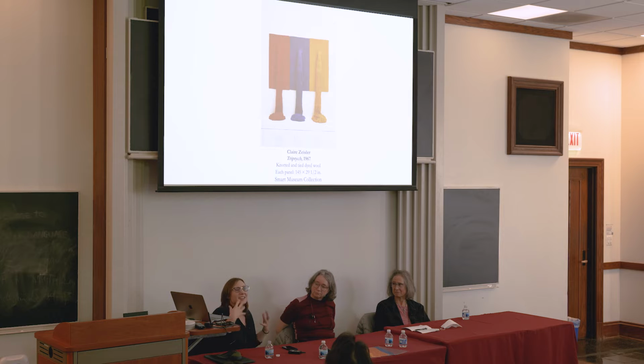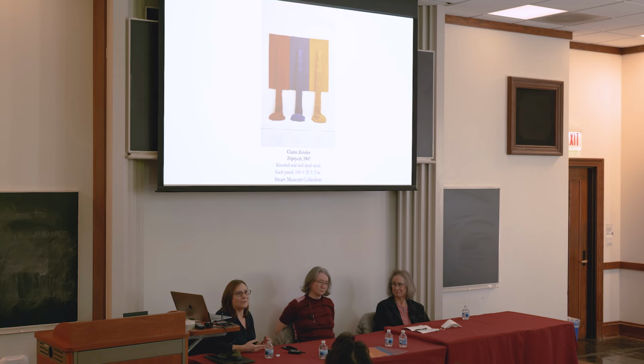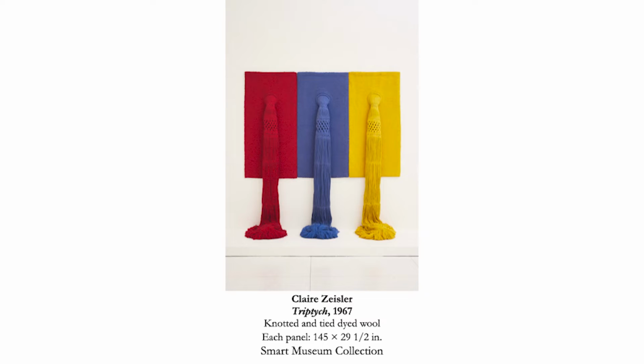And you see Zeisler really exuberantly breaks that surface of the canvas. And so instead of using canvas at all, her rectangles are actually made from rugs. And from the top center of each of these rugs are these exuberant falls. I think of them as ponytails that are extruding past the picture plane. And really critically engaging with that history.